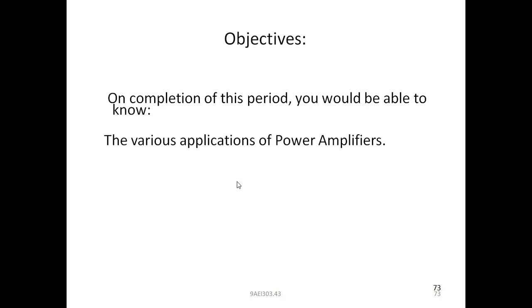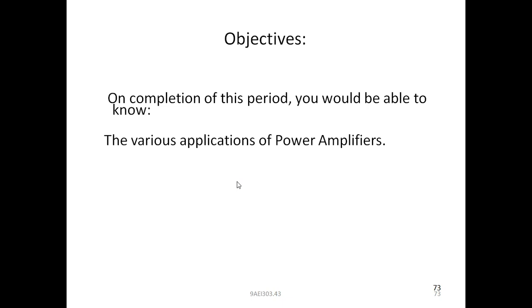Class A, the period of conduction is 360 degrees. Class B, the period of conduction is only 180 degrees. Class AB, the period of conduction is in between 180 to 360 degrees, greater than 180 degrees and less than 360 degrees. Whereas in Class C, the period of conduction is less than 180 degrees only.